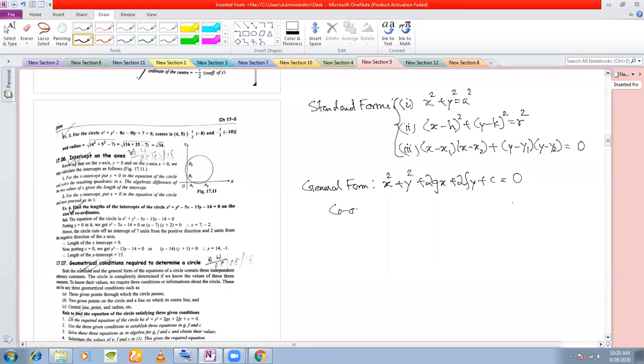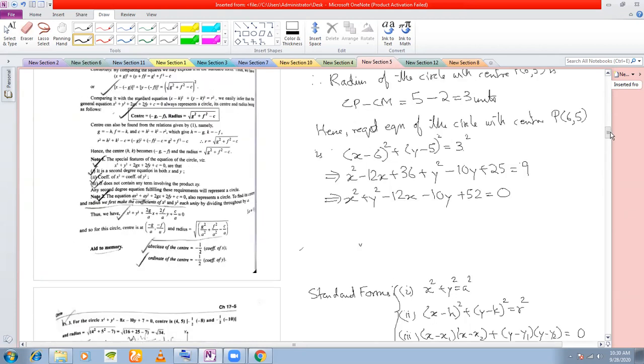It can be shown, by converting this general form to standard form number 2, that the coordinates of the center are (minus g, minus f) and that the radius of this circle is root over of g square plus f square minus c. These are the coordinates of the center and the radius once the general form is given.